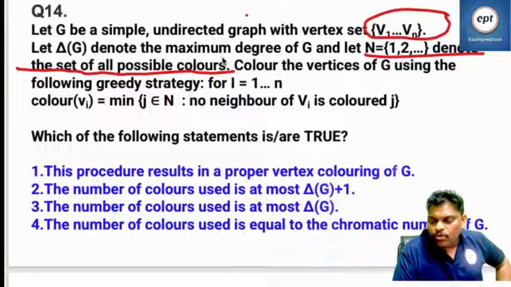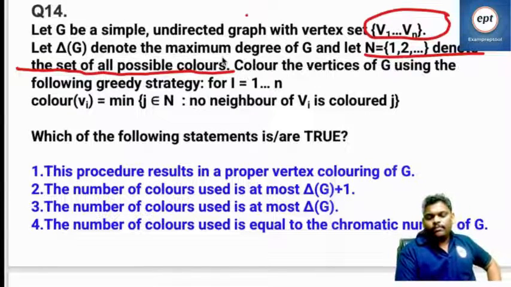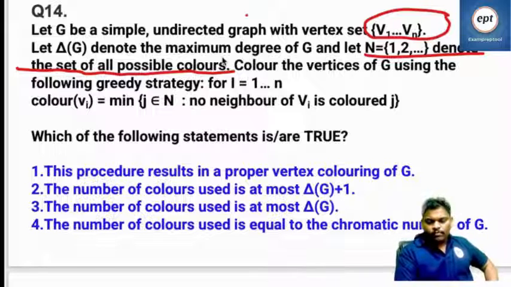For i equal to 1 to n, the color of vertex Vi is the minimum j belonging to n such that no neighbor of Vi is colored j.